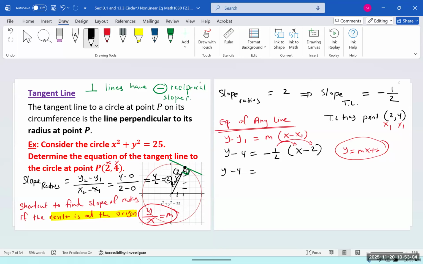When you distribute the -1/2, you get -1/2 x, and -1/2 of -2 is plus 1. And what is our last step now? Add the 4. So y equals -1/2 x plus 5.